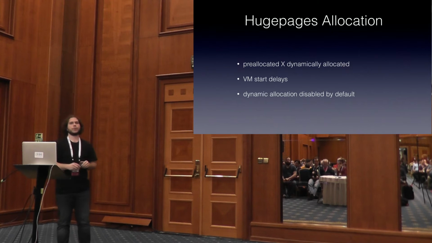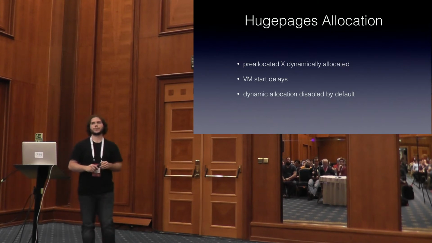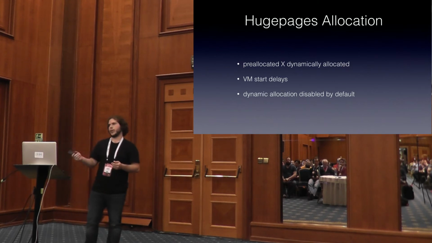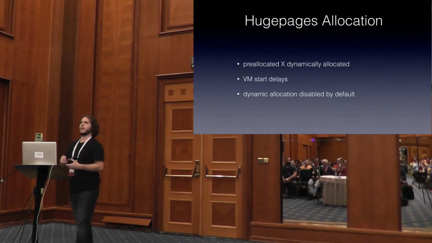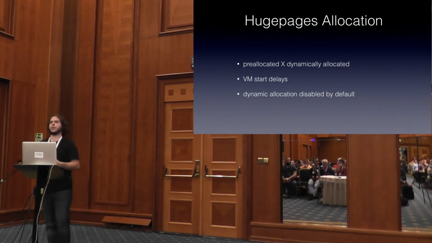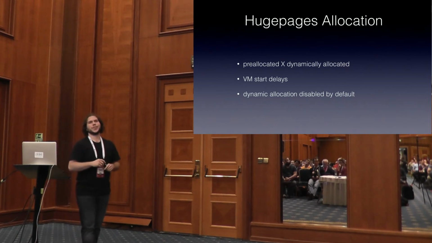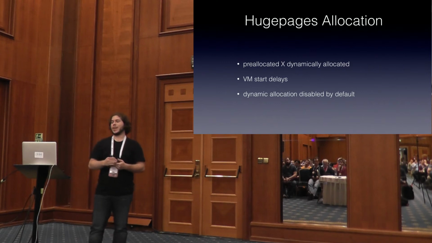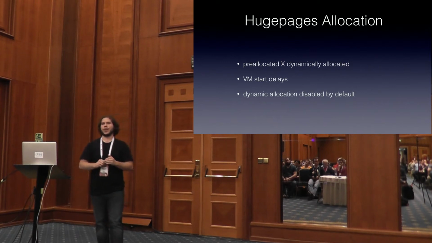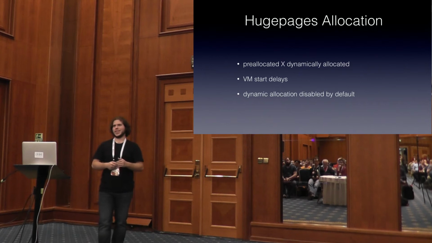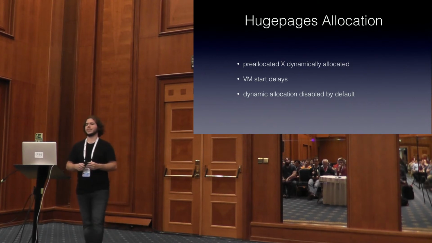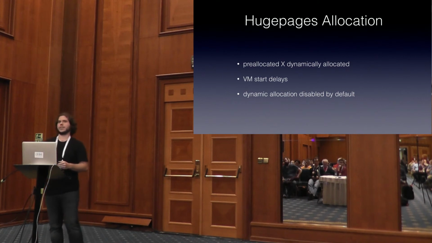So there's a second approach, dynamic allocation. That one is done pretty easily through sysfs, where you simply echo the number of Hugepages that you require. Now, it almost seems a better choice than pre-allocated Hugepages. It turns out that allocating a higher number of Hugepages of big size can take ages.